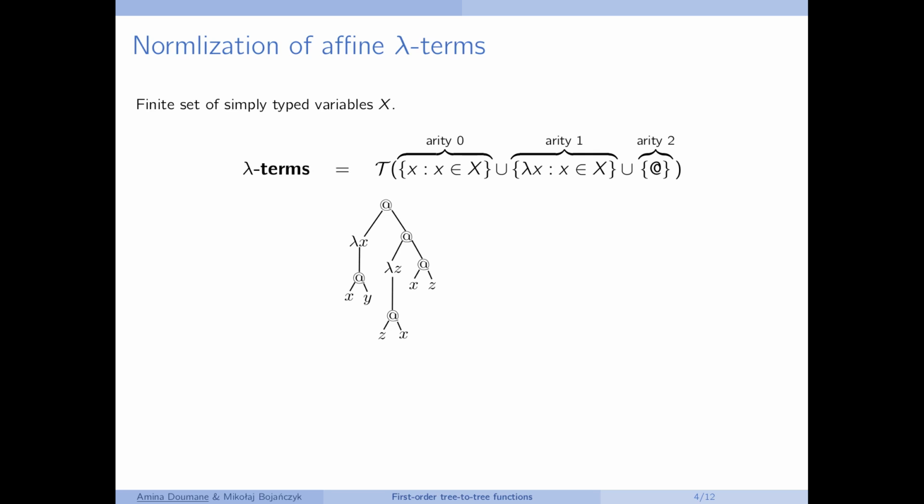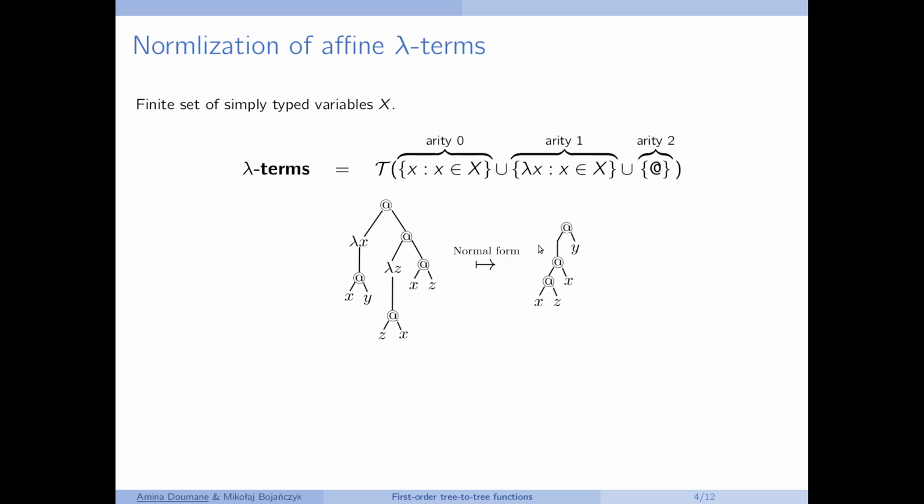Now, if we focus on affine lambda terms, which are those lambda terms where each bound variable occurs at most once, then we can see that normalization or beta reduction always terminates. And since beta reduction is confluent, we can define for each affine lambda term its normal form.